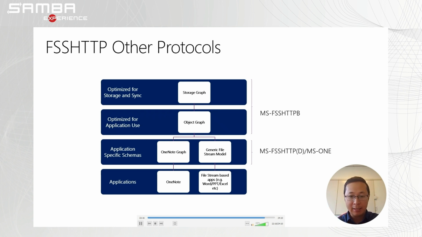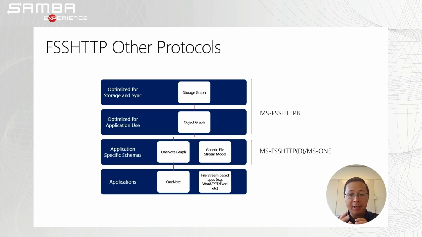That is the storage graph. Both the object graph and the storage graph information are defined in the protocol FSSHTTP-B, right?